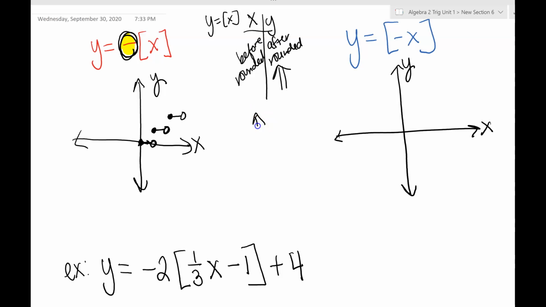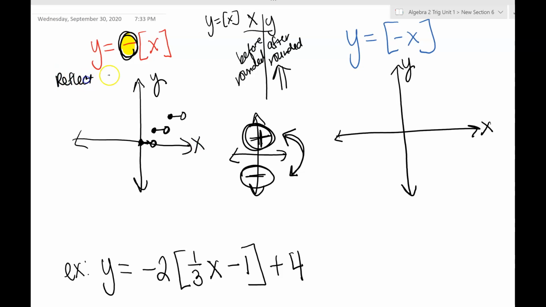That means you're changing the sign of the y value. Think about where y's go on the graph. Positive y's are above here, negative y's are down here. If you are changing the y values, positives become negatives, negatives become positives, you'll notice that these points would flip over the x-axis, okay? So when this is here, this is a reflection over the x-axis because I'm changing the y value.